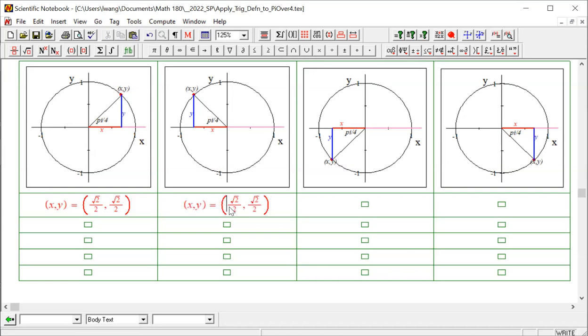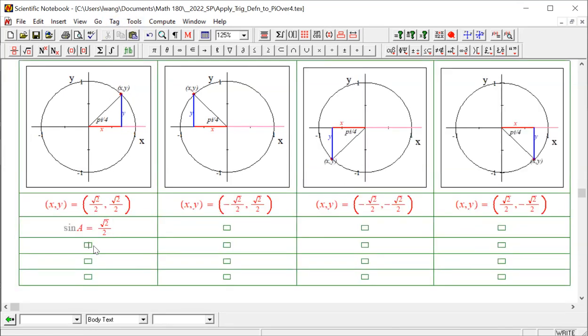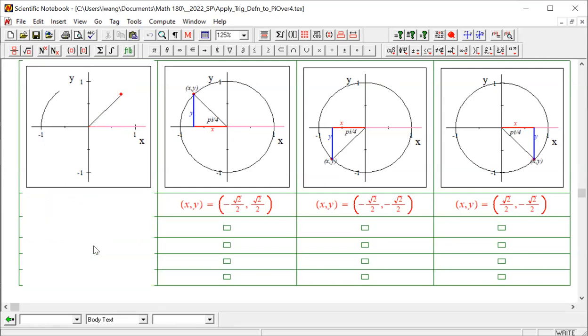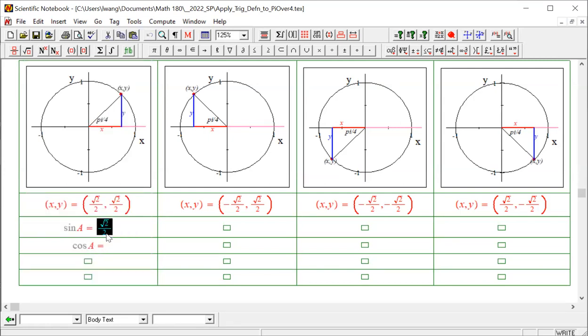In this case x is negative. In the 3rd quadrant, both are negative. And in the 4th quadrant, y is negative. So then we can determine that sine of any angle that terminates on the same terminal will be the y, and cosine of any such angle will be the same value.